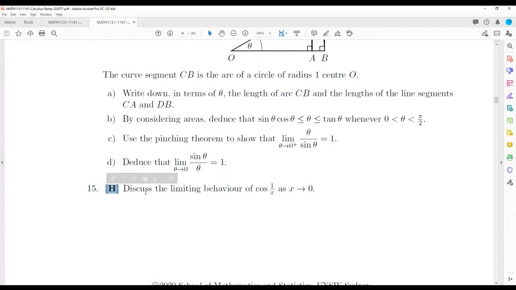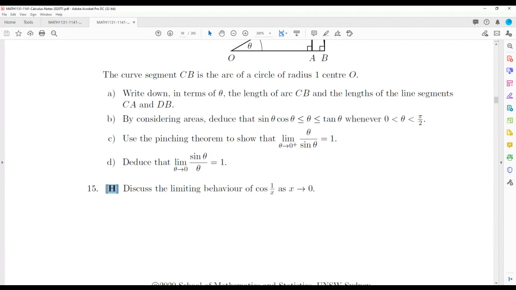They see the H and they go, oh my goodness, I'm freaking out. That's a hard question. But actually, this question really isn't that hard. So I thought we could discuss it. It's one of the recommended problems. And I'll do what I did in the previous question. And I'll first of all, I'll draw a picture.